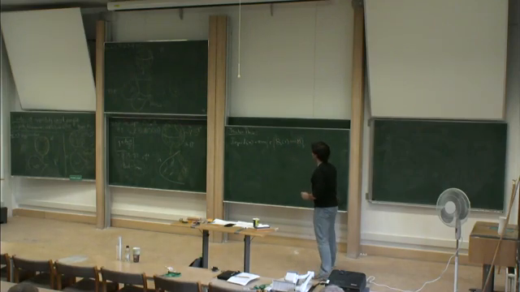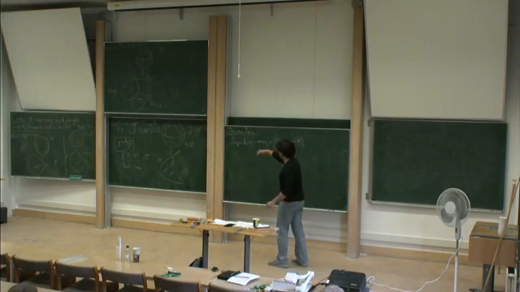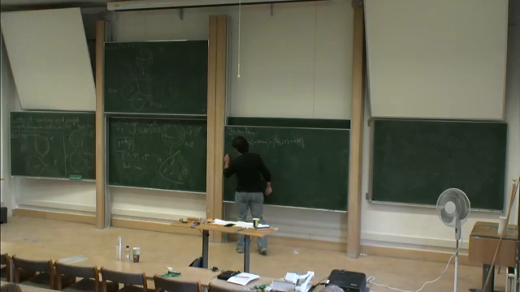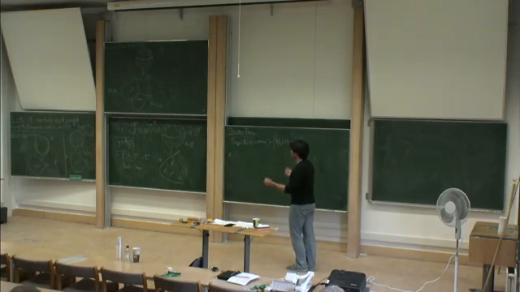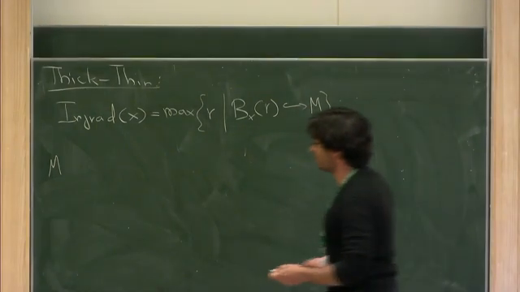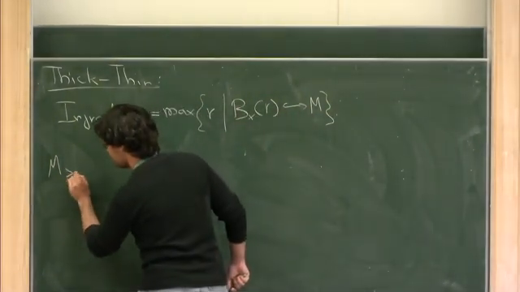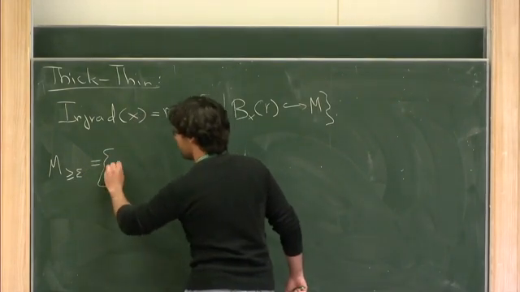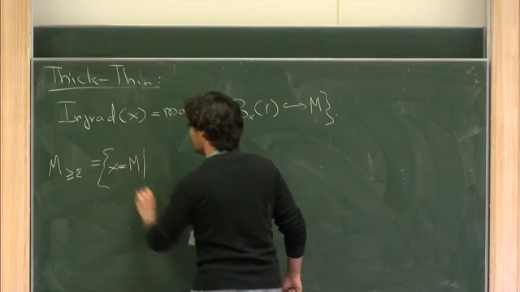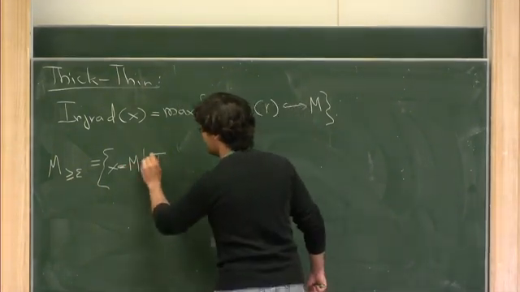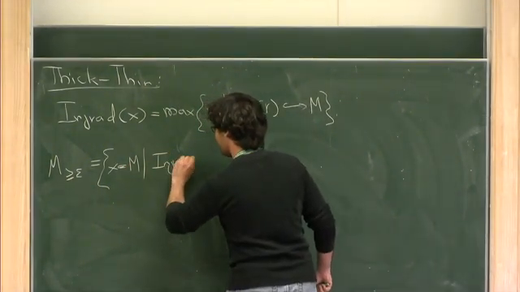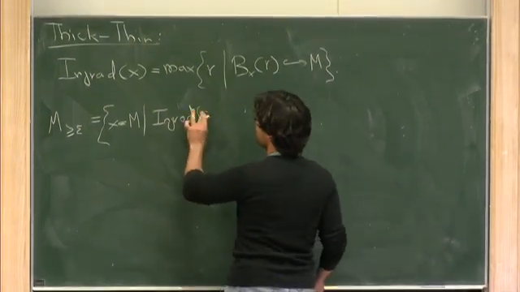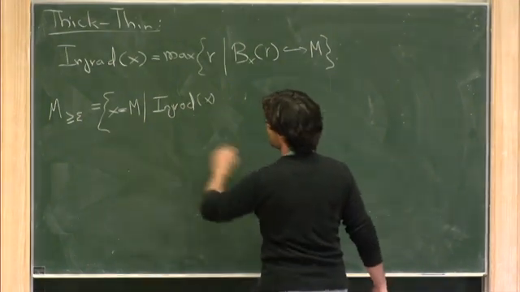So I'll draw a picture in a moment, but first let me say, this is the injectivity radius function, and it lets you subdivide the manifold into a thick part and a thin part. So there's the thick part, or epsilon-thick part, and this is the set of all points in M such that the injectivity radius is at least epsilon.